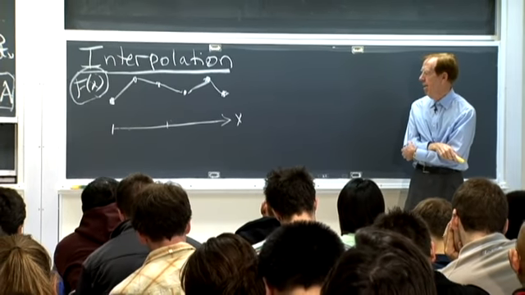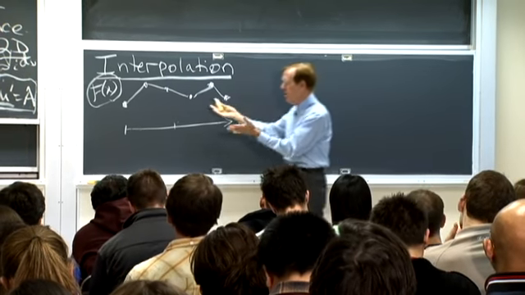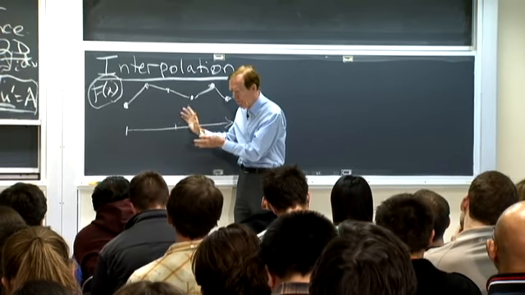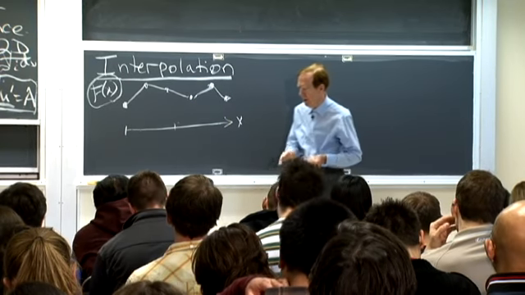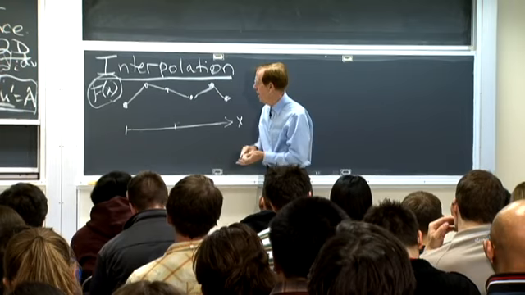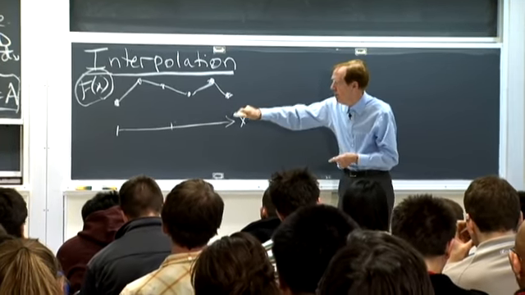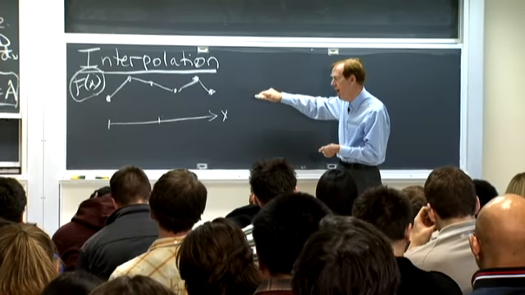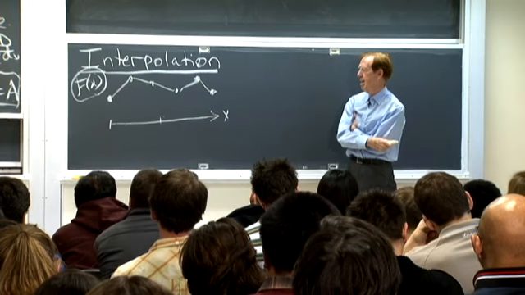That's certainly pretty stable. It will not get out of control, but it's not very accurate. For the function that's probably lying behind this, it isn't that great a representation.